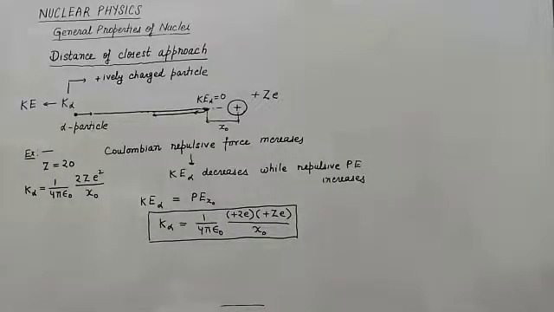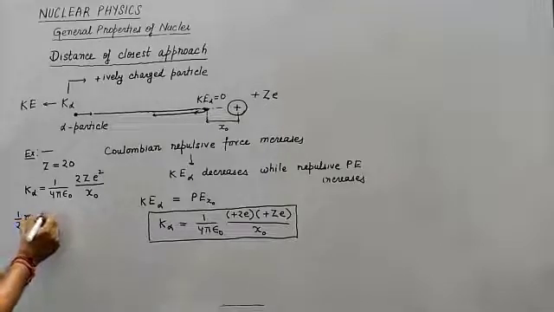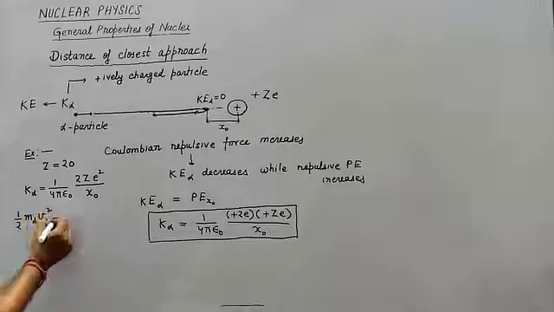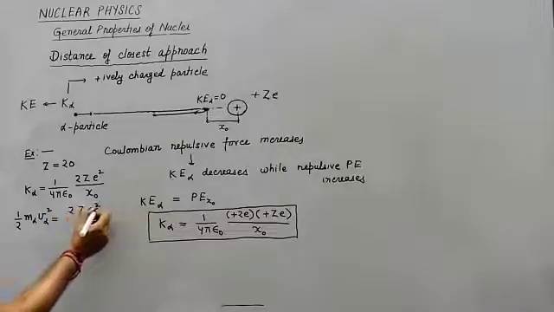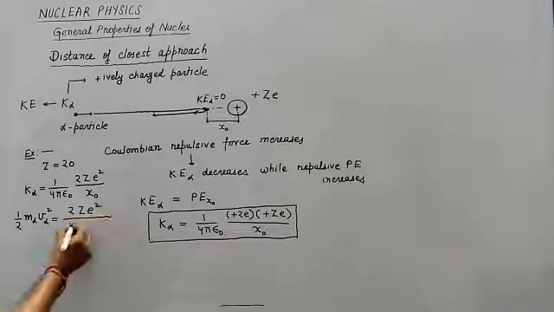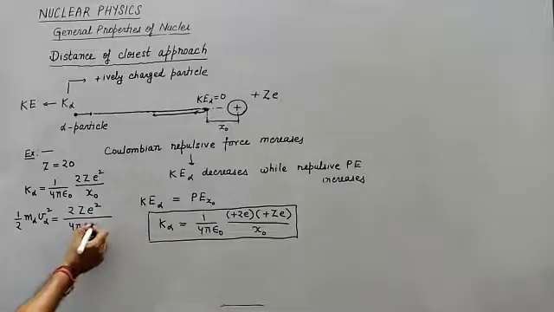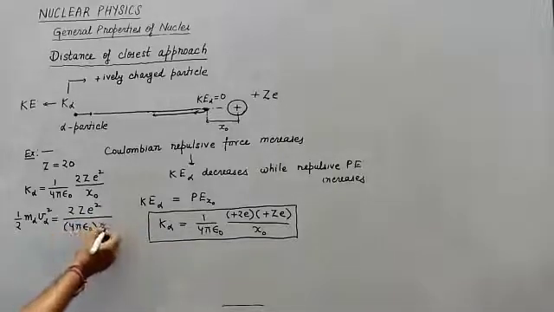Now what will be the value of K alpha? If this is a non-relativistic case, then this will be half m alpha v alpha square, equal to 2 times Ze square upon 4 pi epsilon naught x naught.